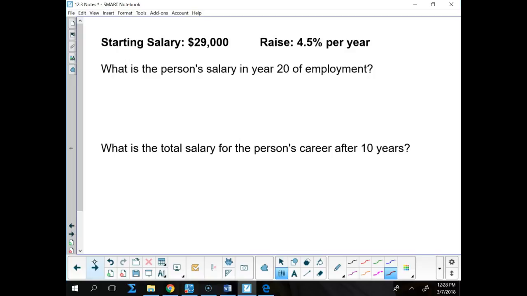Let's say you start a job because you're starting a family, so now one of you needs to have a job. The starting salary is $29,000. Every year you get a 4.5% pay raise.